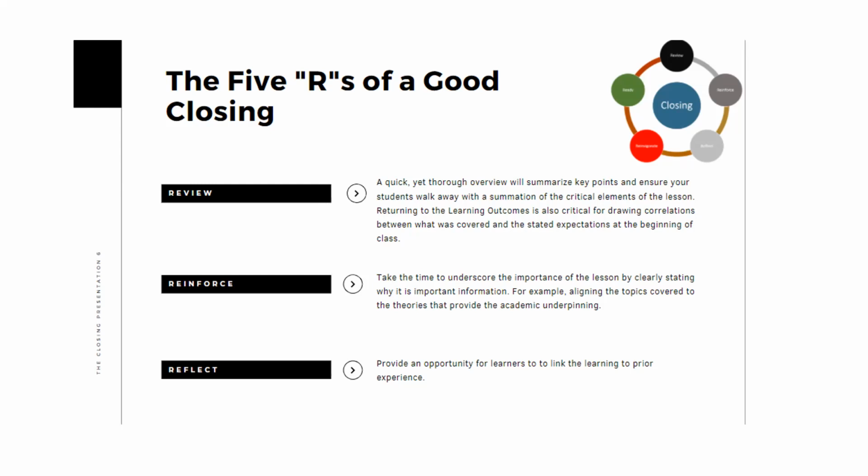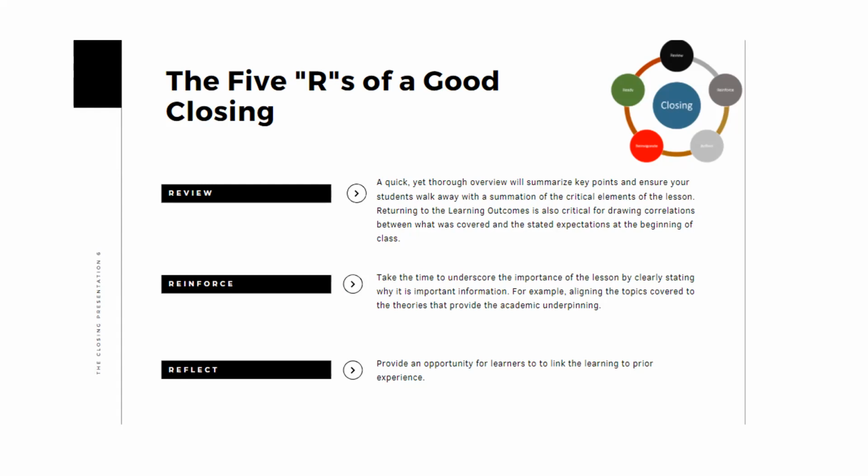And then you also want to make sure that you're drawing correlations between what was covered and the stated expectations at the beginning of the class through going over those learning outcomes, closing that loop of learning, and showing the students that point A to point B was reached, and this is what we covered. This is actually the expectations of the lesson, and this is where you should be at this point in time.